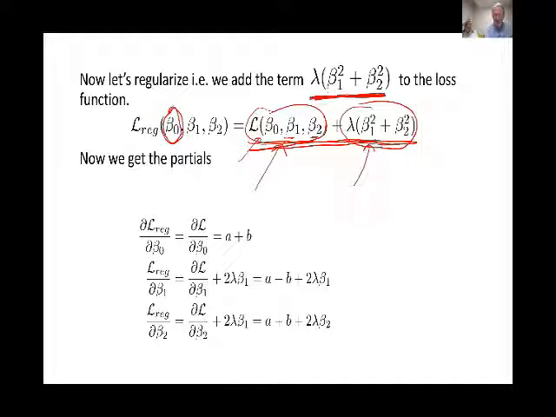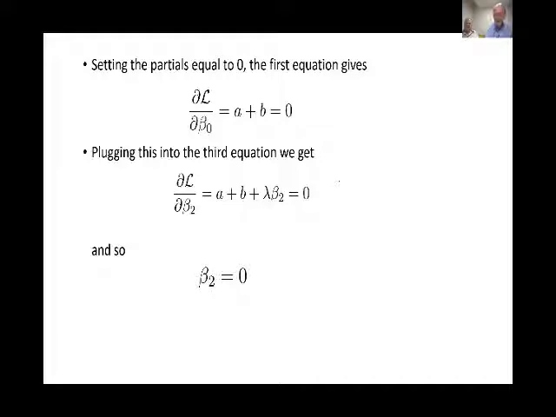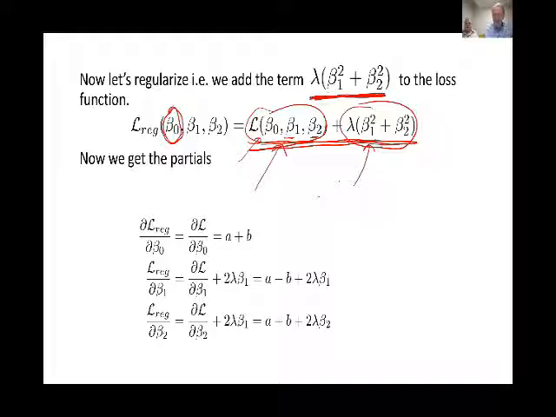Taking the partial of the regularized function with respect to beta 0 doesn't change anything, because the partial derivative of the added term with respect to beta 0 is just 0. So we get the same, A plus B.